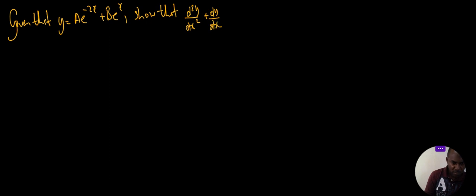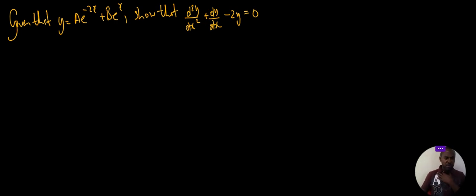Alright, let's go on to another. This one says, given that y equals ae to the minus 2x plus be to the x, show that d2y by dx squared plus dy by dx minus 2y equals 0.